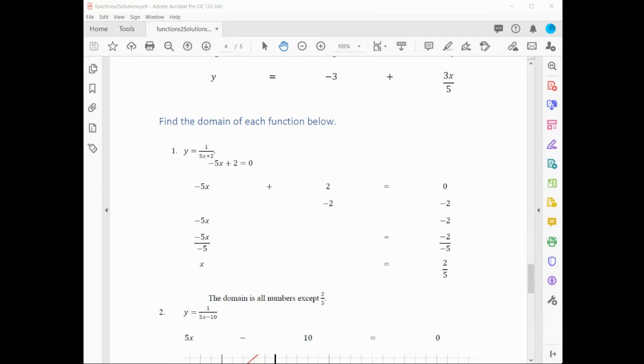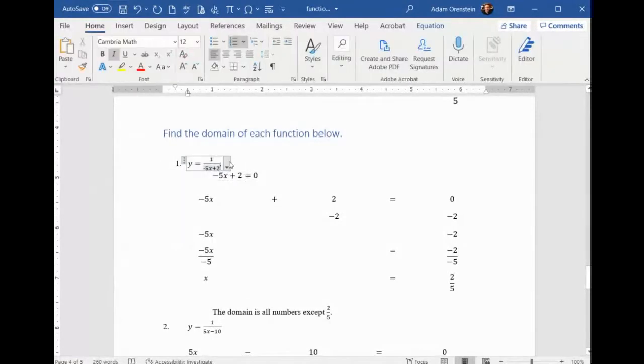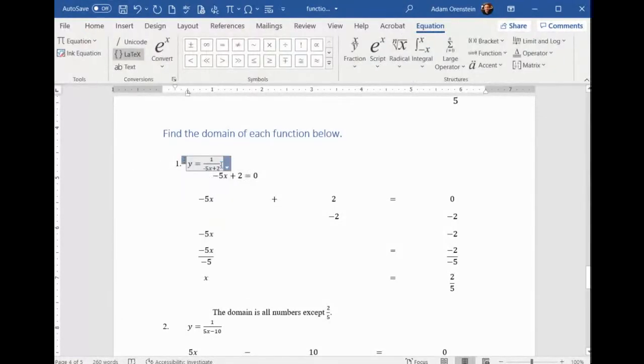Let me share the Word document because I just fixed it. I don't know how I missed that. I'm trying to get the minus sign bigger, but it's not letting me for some reason. Anyway, we get y equals 1 over negative 5x plus 2.